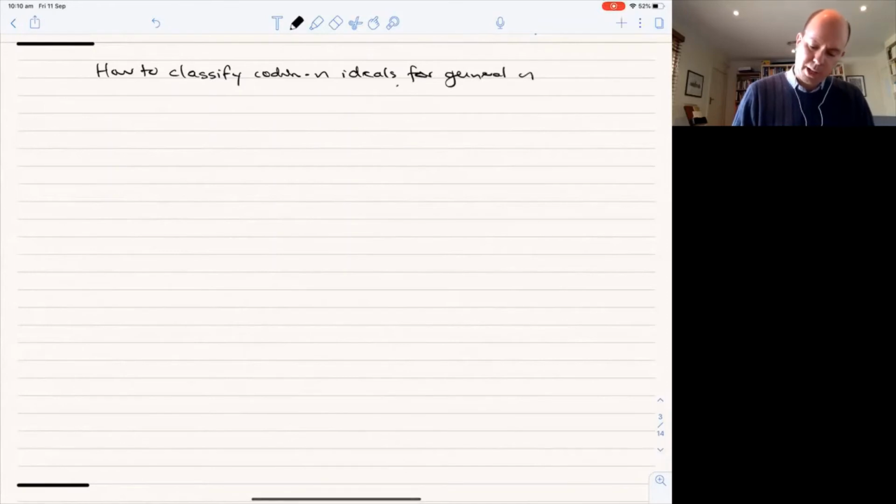I'm still just talking about the case of the affine plane. So these are ideals of the ring of polynomials in two variables.